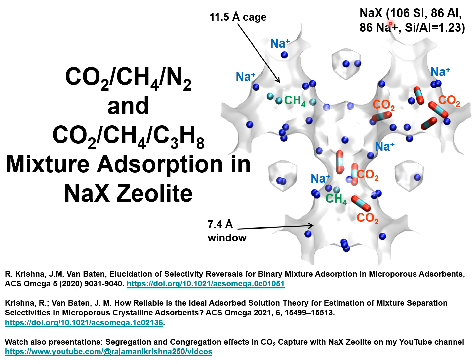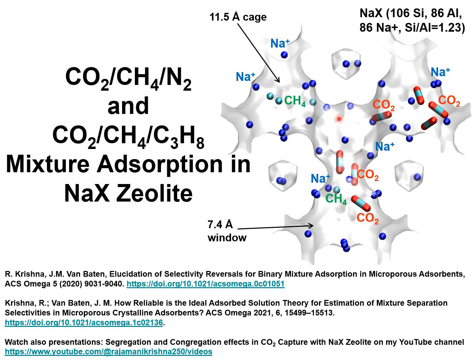Typically, this consists of a unit cell in which we have 106 silicon atoms, 86 aluminum atoms, and 86 extra framework sodium cations, shown here with the blue spheres. The silicon to aluminum ratio is 1.23.